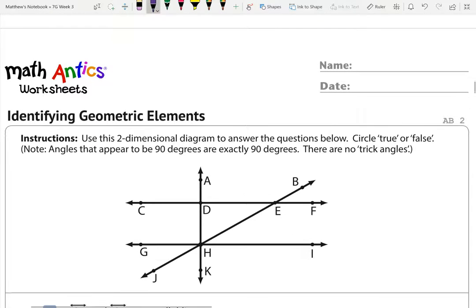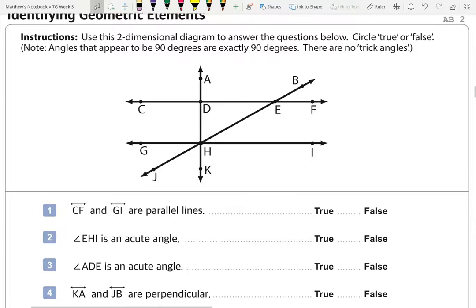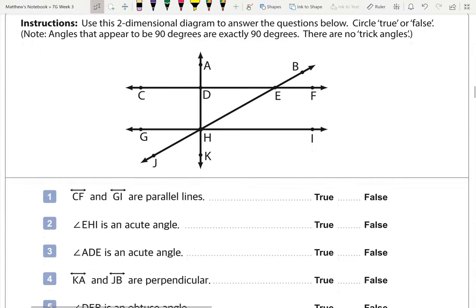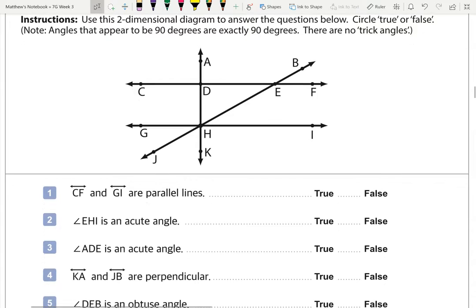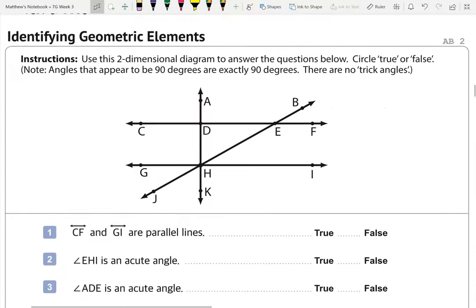All right, now we're looking at identifying geometric elements. It's asking us to use this two-dimensional diagram to answer the questions below. We're going to circle true or false. Let's go ahead and start. Question 1: C and F and G and I are parallel lines. So here I've got G and I. I'm going to highlight this line here.